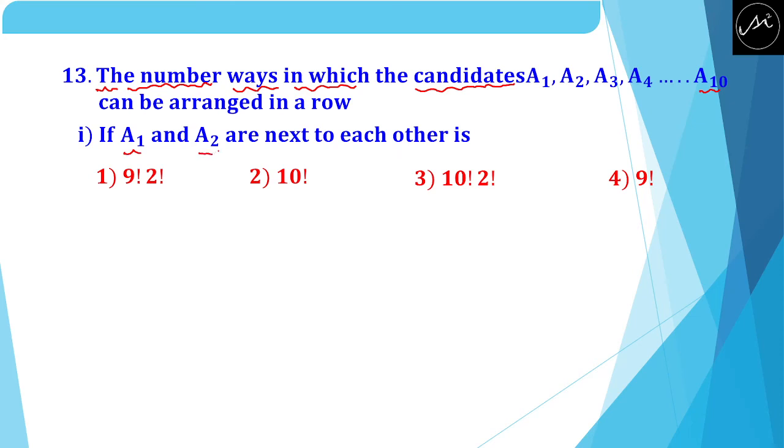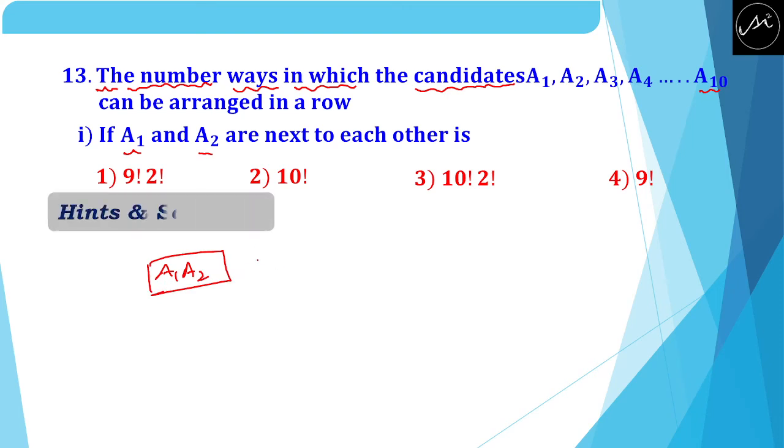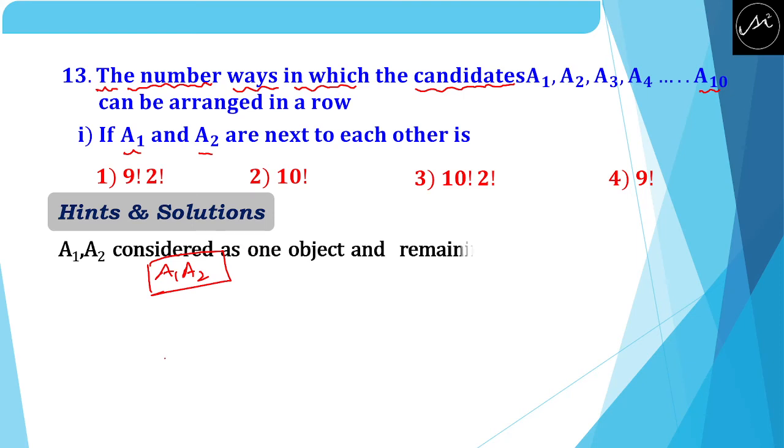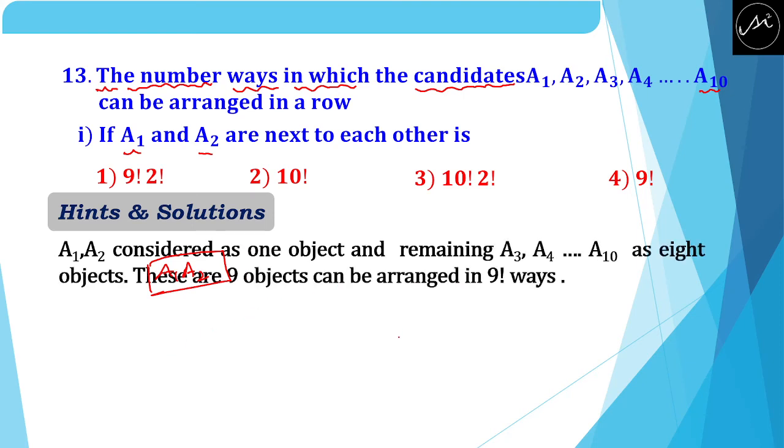So A1 and A2 are next to each other. That means A1 and A2 must be together. Remaining things can be arranged randomly, no problem. So they are considered as one object.